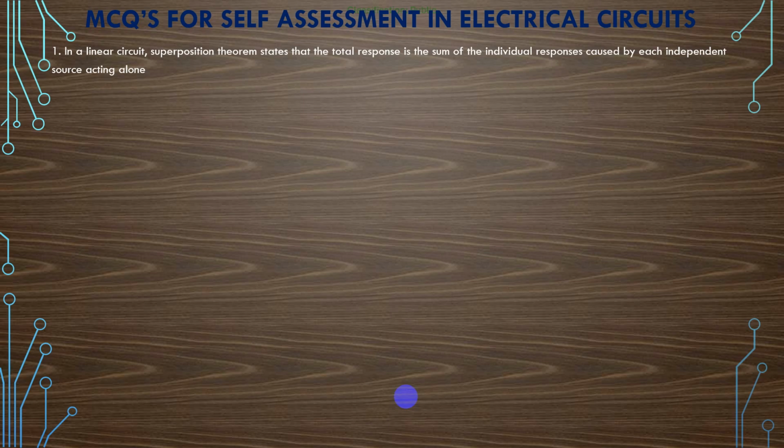So what the superposition theorem tells me is to remove the other sources and keep only one source. Removing other sources means: remove the current source and make it open circuit; remove the voltage source and make that branch short circuit. No need for any further simplification.